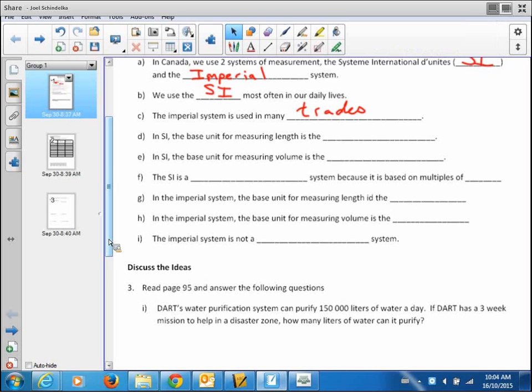What else? In the SI system, the base unit for measuring length, you know what it is? Like if I'm talking metric system, what do you measure length in? You know what it's called? What is this? Yeah, but how long is this? It's a meter. It's a meter stick.